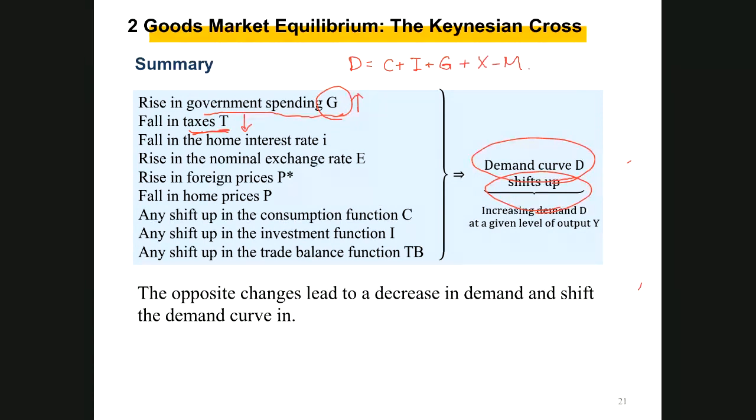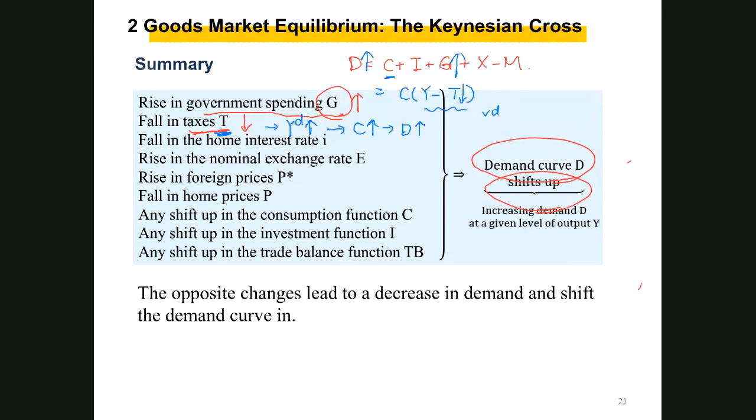So if G goes up, demand of course will go up. Okay, so T, where does it come from? If the tax decreases, the disposable income will increase, so the consumption will increase. Consumption increases, so demand will increase.